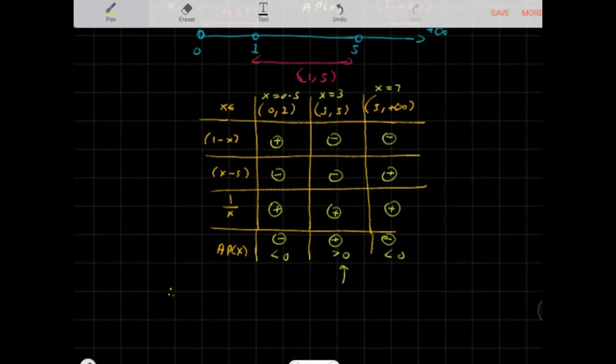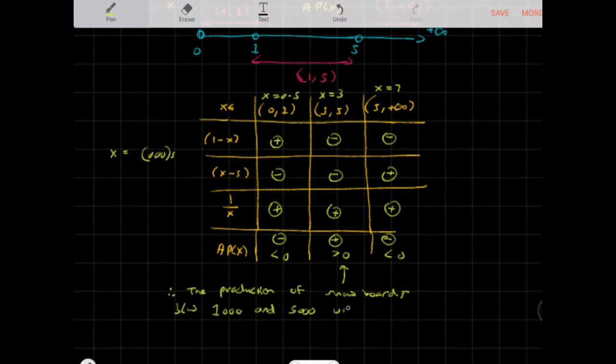So therefore, in 1 and 5, remember that x is in 1,000, so it's in thousands. Therefore, the production of snowboards between 1,000 and 5,000 will allow an average profit to be greater than 0.